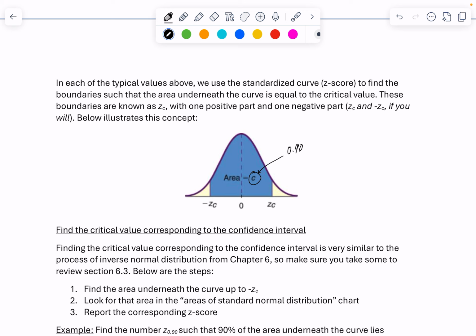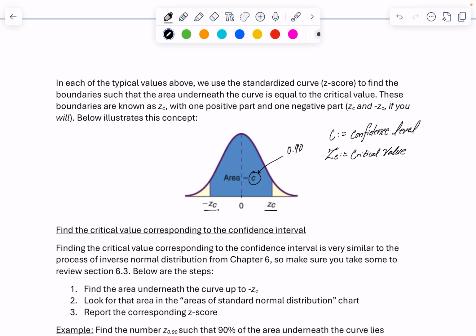That means that 90% of our area is going to be within these boundaries that we have denoted as negative Z_C and positive Z_C. These specific Z-scores are known as critical values. Here, C is defined as the confidence level, and Z_C is defined as our critical value.